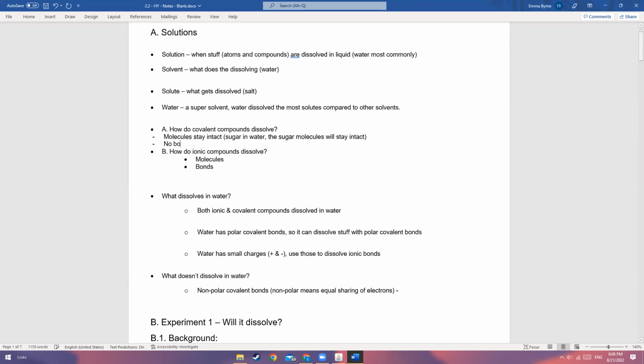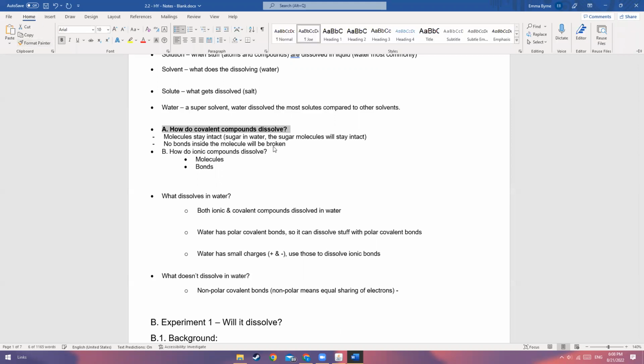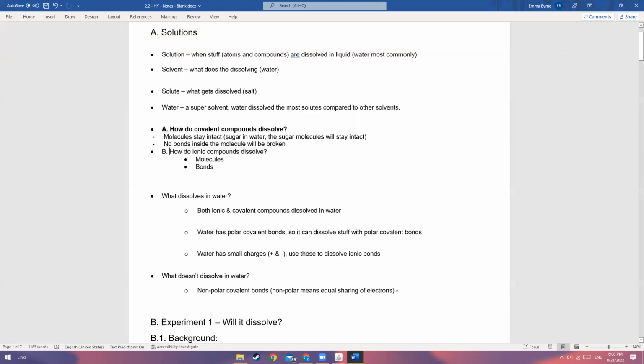In other words, no bonds inside the molecule will be broken. This text is getting a little busy here, so I'm just going to hold these for distinction.